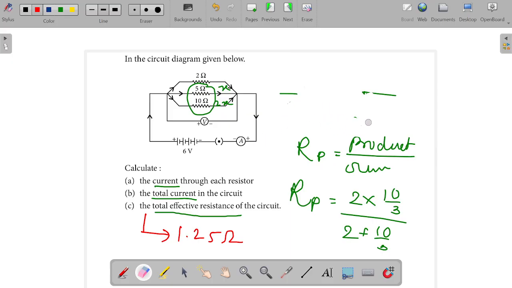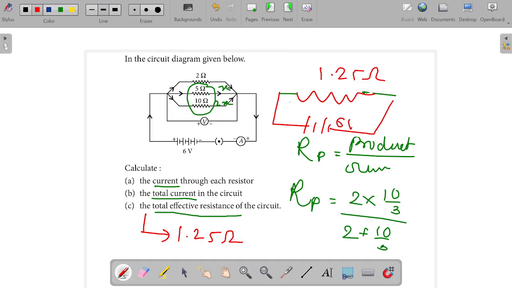So let us replace that circuit with those values. Now the effective resistance is 1.25 ohm and it is connected to the 6 volt battery. So we are getting 1.25 or 5 by 4. You can use the rational form of the values as well to get the answers.